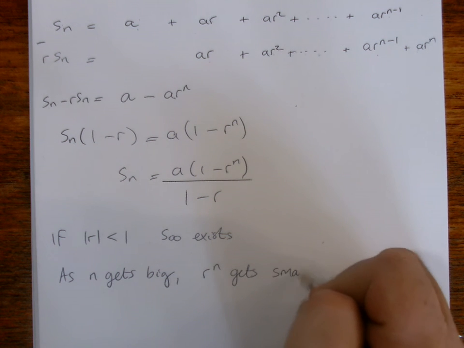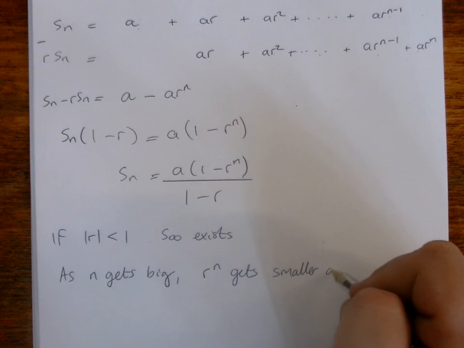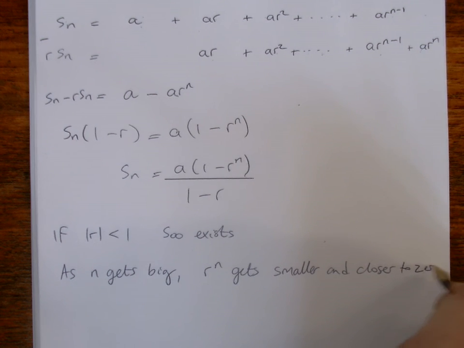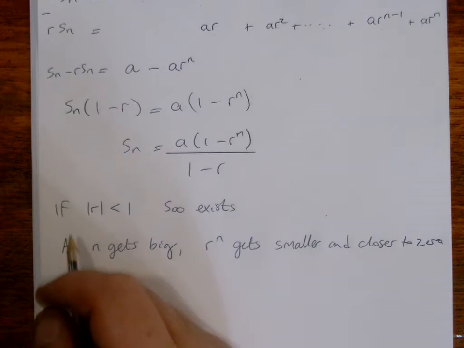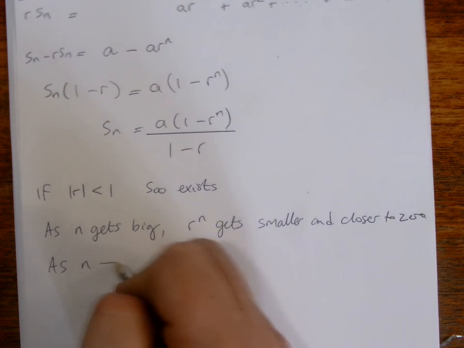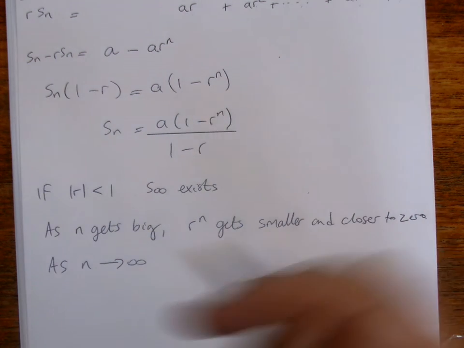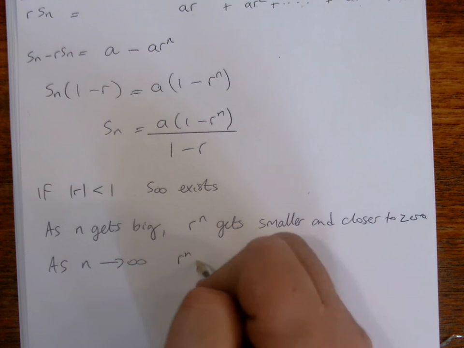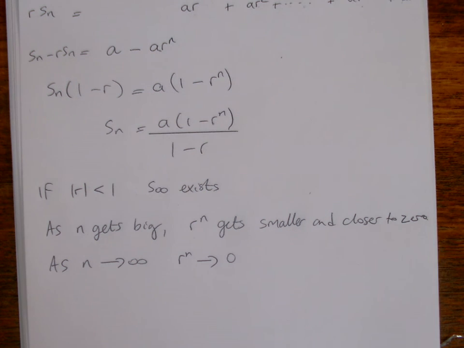And closer to 0. And then in technical terms, we need to think then as n gets to infinity, super big, never ending, rn will literally go towards 0. rn will tend towards 0 as n tends towards infinity.